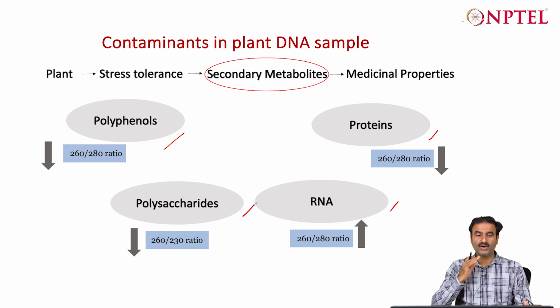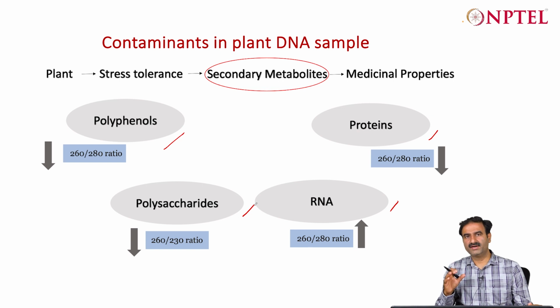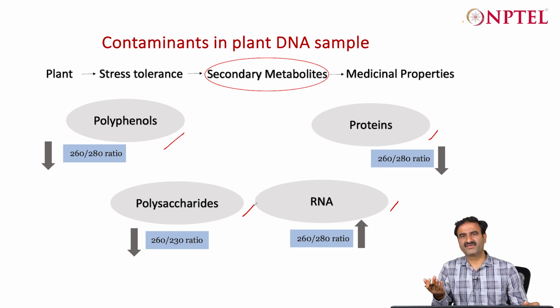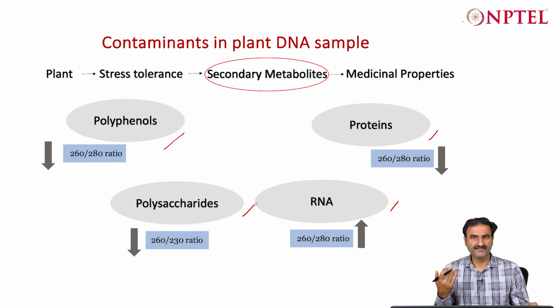That is why optimization of the method of DNA extraction and purification is very important for certain tissues. You might be using a method that works well for a standard tissue, but for different tissues from different plants, animals, or birds, which are particularly troublesome sometimes, you have to optimize the method according to the species.